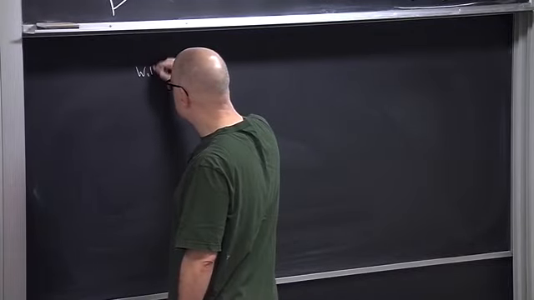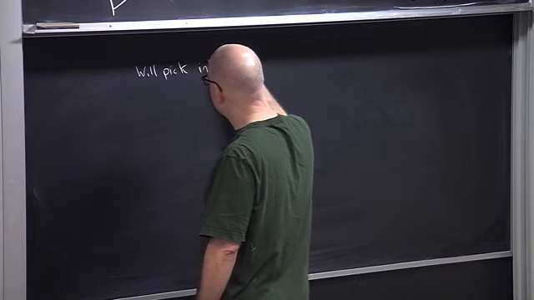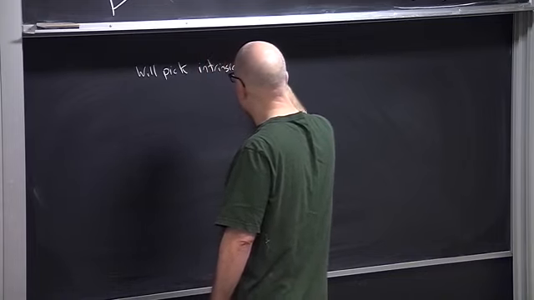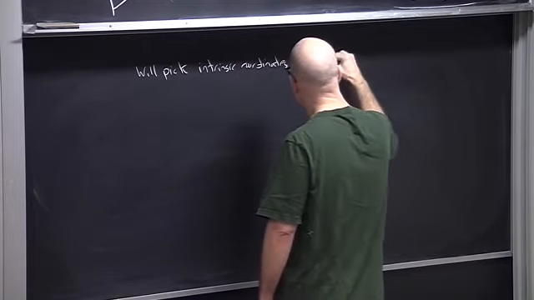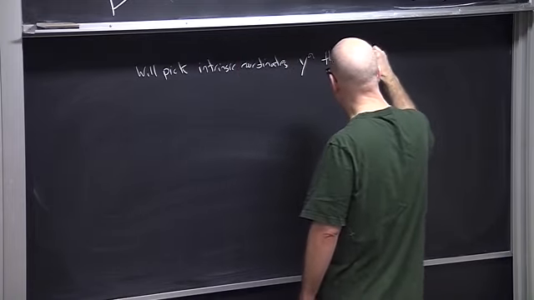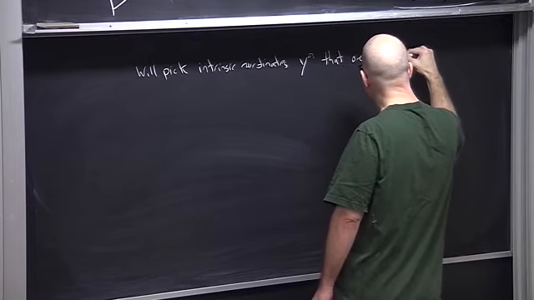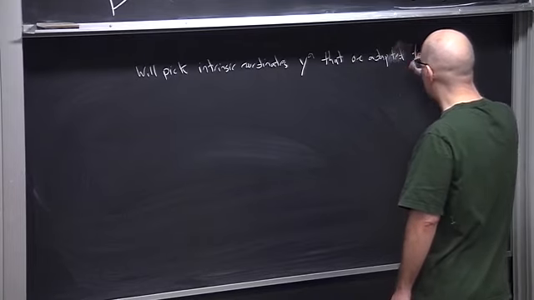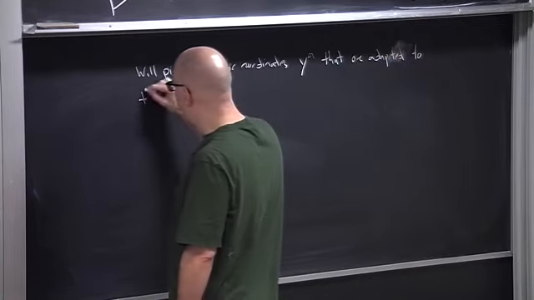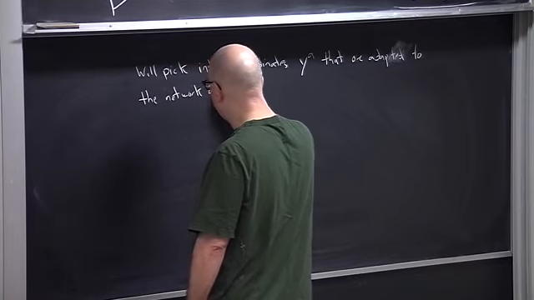So we'll pick intrinsic coordinates y^a that, the way I like to phrase it, are adapted to the network of null curves.